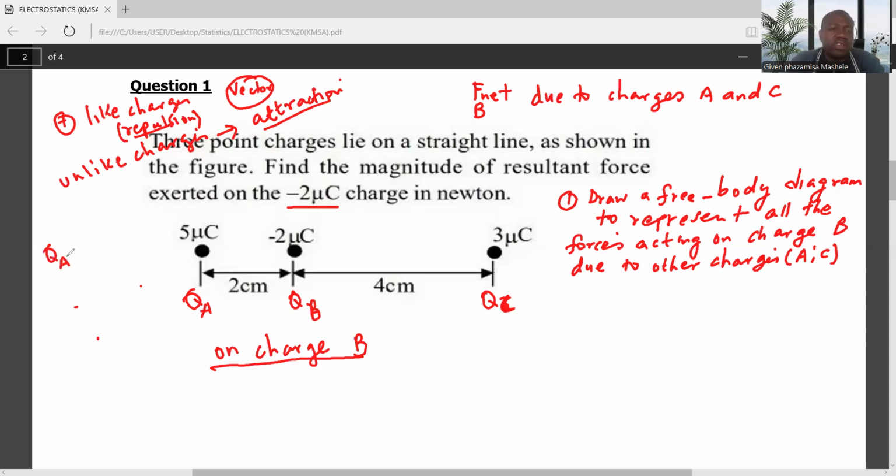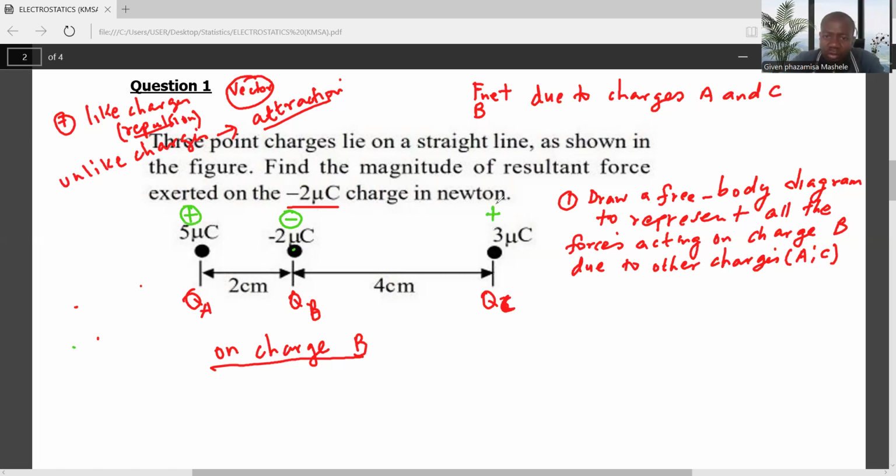Charge A, but it's fine, we can do that after. Now, to take the decision, let me use a different color so that I can explain this. Ladies and gentlemen, we are interested in knowing the forces that are acting on charge B. Charge B on itself is a negative charge, whereas charge A is a positive charge, and charge C also is a positive charge.